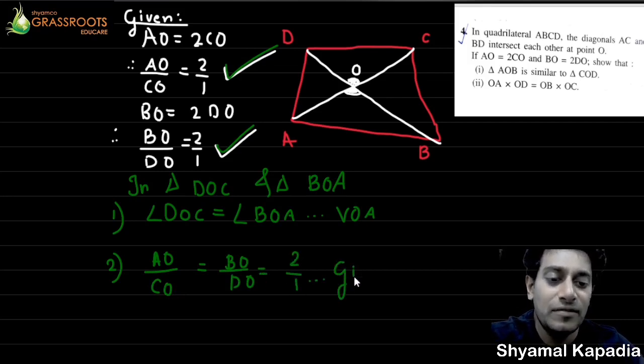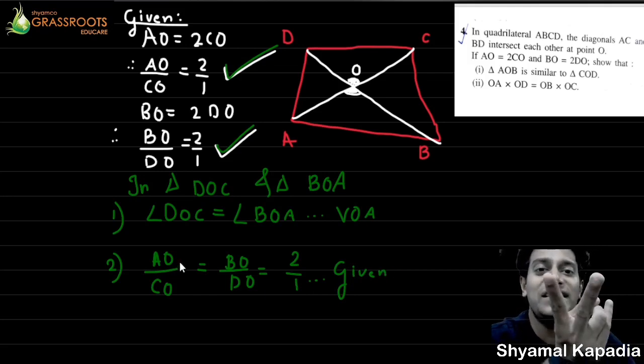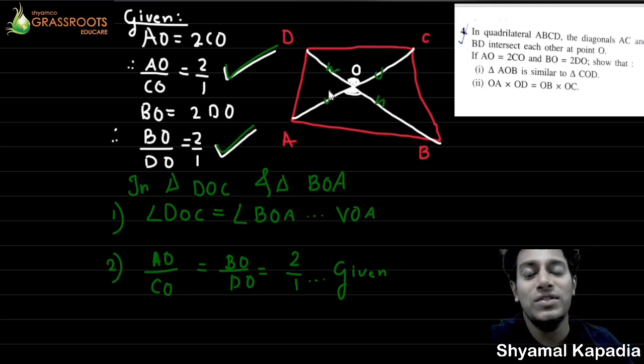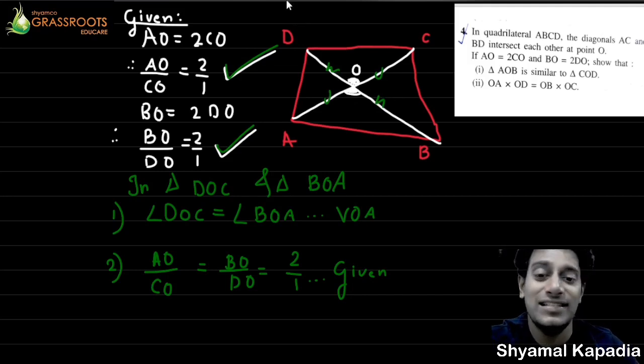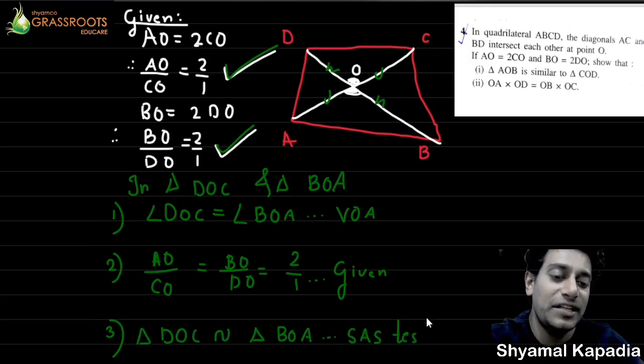Given. So if they are equal, can I say two sides are in proportion? The two sides are in proportion and the angle between the two sides is equal. So by SAS test, I can say that triangle DOC is similar to triangle BOA. The reason is SAS test of similarity.